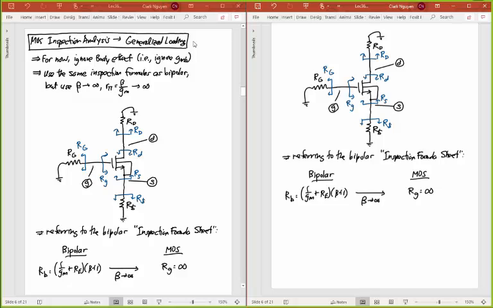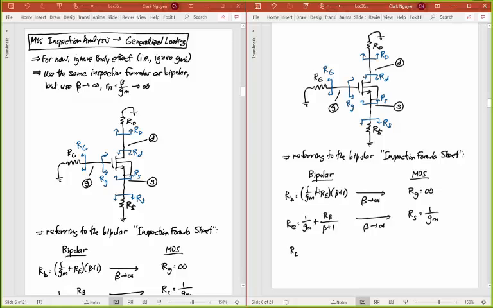So I could take another equation from the bipolar case, the resistance looking up into the emitter, that was 1 over GM plus RB, whatever was hanging out of the base, divided by beta plus 1. But again, beta goes to infinity. And so for the MOS case, RS is just going to be equal to 1 over GM, at least for this case where I've tied my bulk to my source. Very simple compared to bipolar. I don't even have to care what the source resistance was in this case.